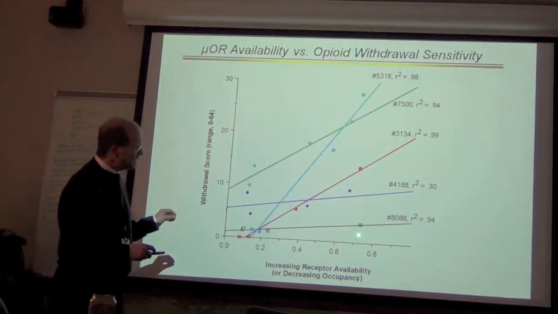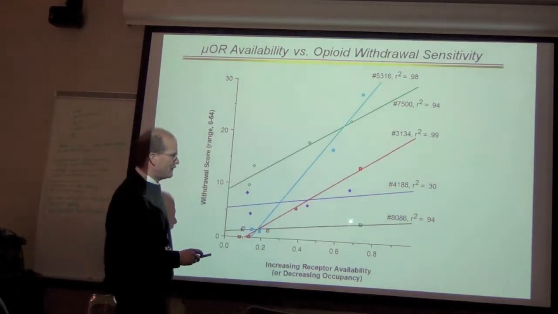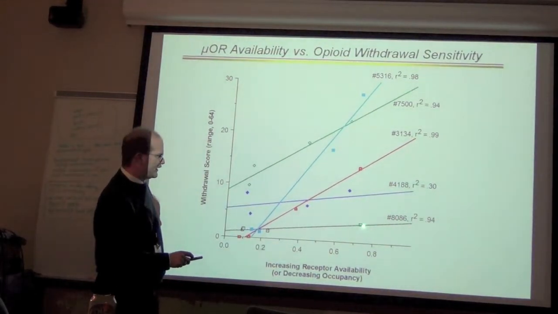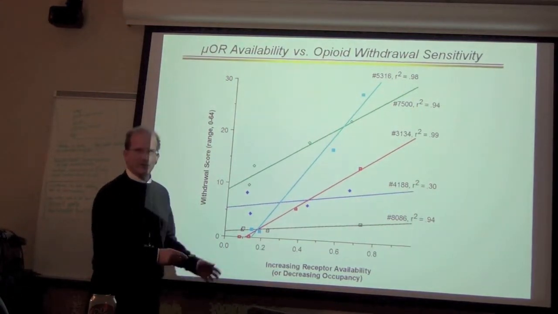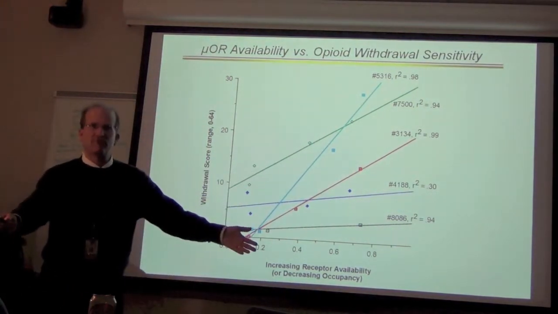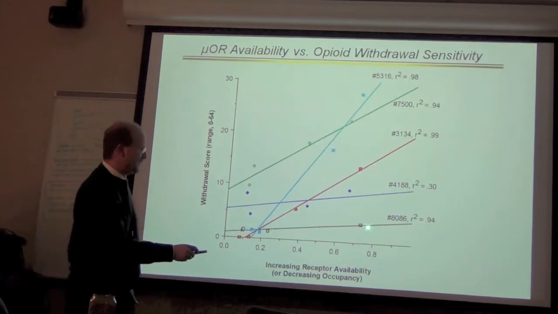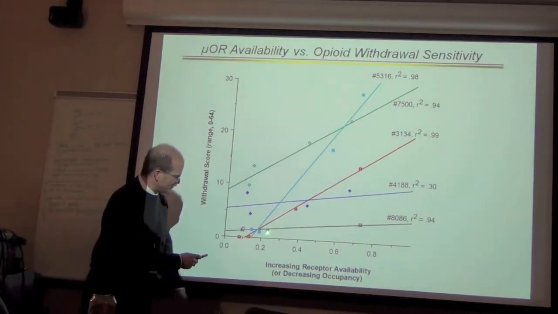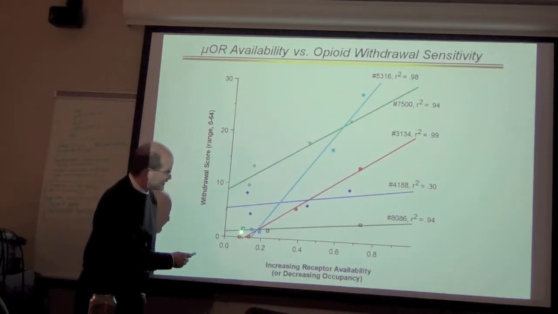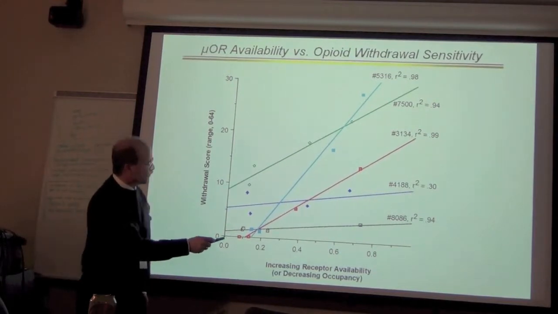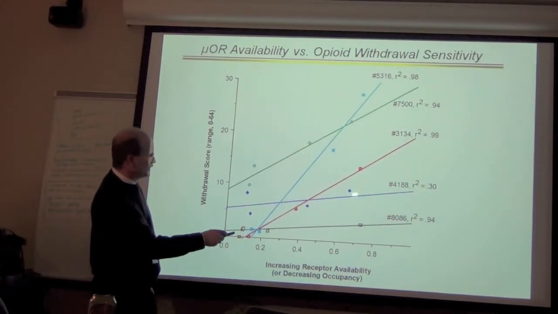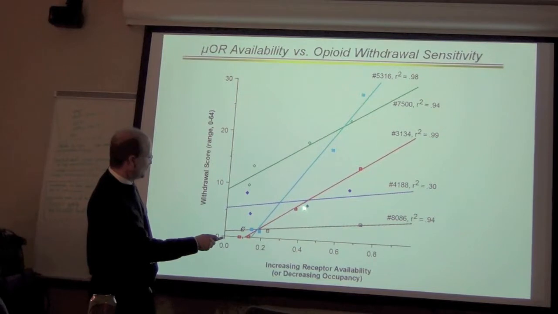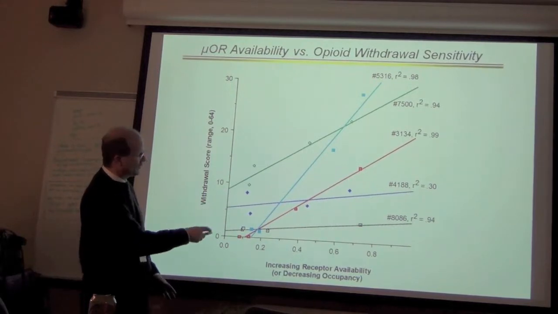For this individual here, this was his 0 milligram dose, when relatively more receptors were available. This is the 2 milligram dose right here. This is 16 and 32. For this blue subject in the blue line, this is 0, 2, 16, 32. So there's an orderly effect.